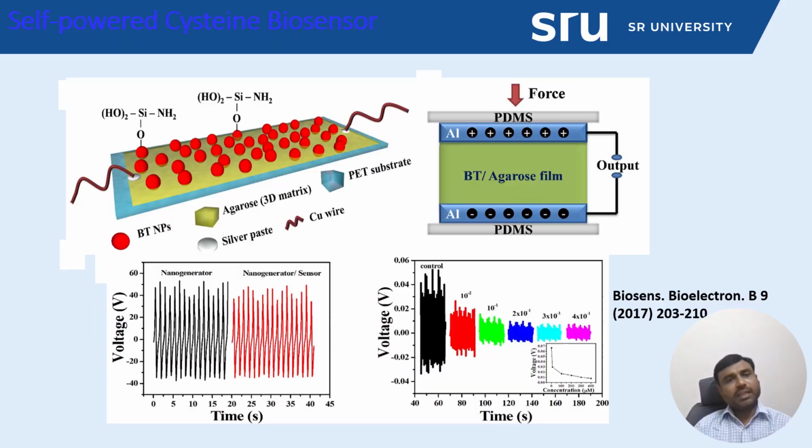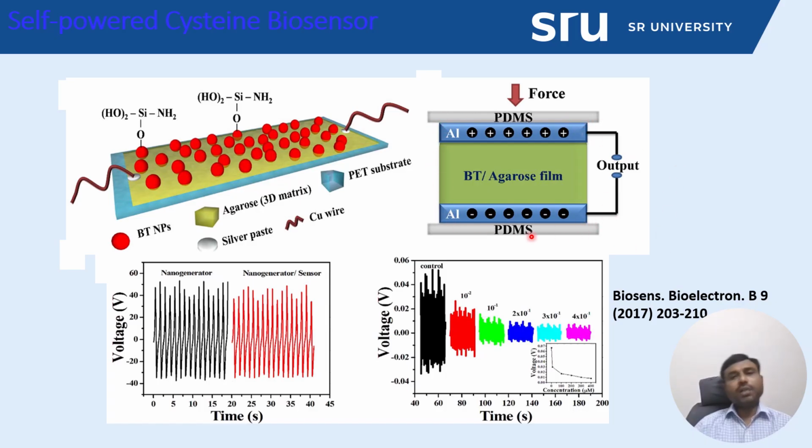Next, similarly, the self-powered biosensor. Here they fabricated Pt nanoparticles and an aerogel matrix on a PET substrate. They used a polyethylene terephthalate substrate, and the nanomaterial was deposited over the substrate, and then this nanogenerator device was fabricated and covered with PDMS polymer.